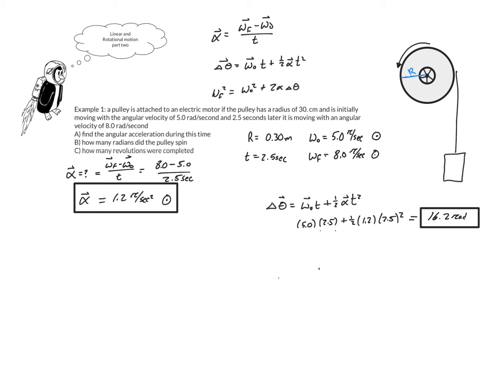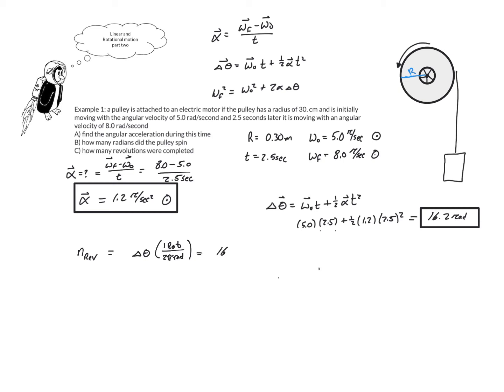The last portion is asking us to find out how many revolutions this is. So if we need to find the number of revolutions, which I guess technically is rotations in this case, we need to remember how many radians are in a single rotation. So we have our delta theta, and that's going to be times 1 rotation divided by 2 pi radians, because 2 pi radians is once around a circle.